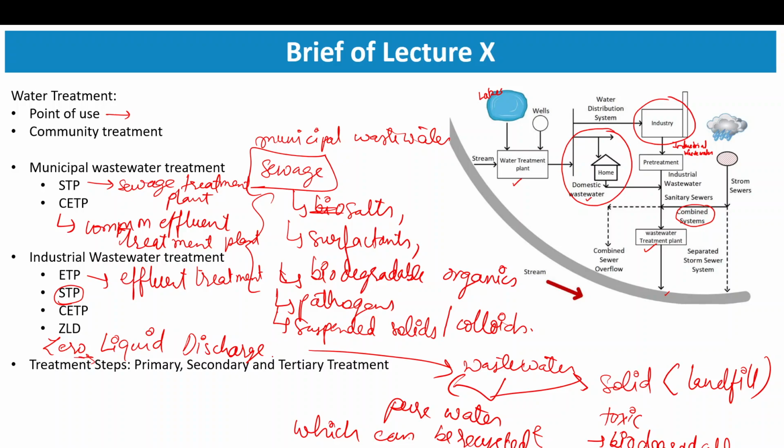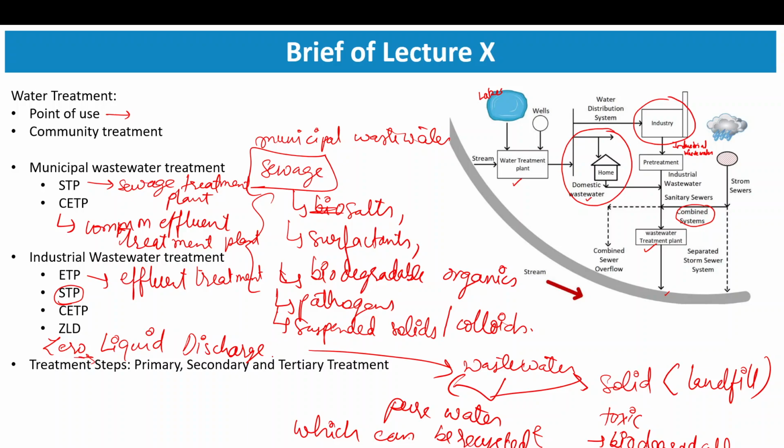For example, if you are talking about CETP, then wastewater comes from different industries which will have different parameters, right? So what you do, you mix it, which is nothing but equalization. So all the parameters are now uniform, which can be sent further, right? All such pre-processing comes into primary and preliminary treatment.